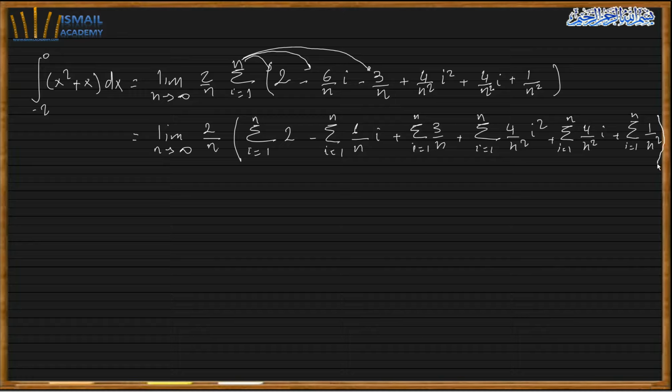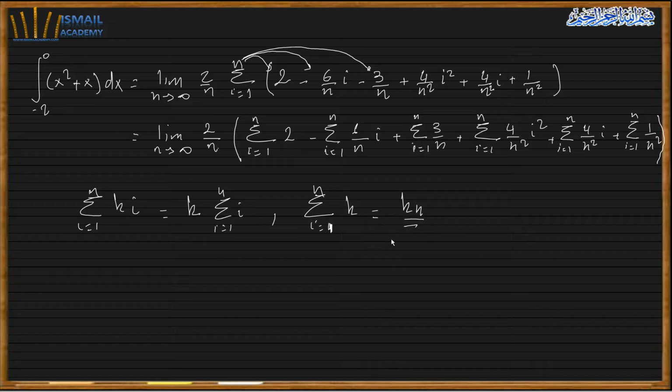Alright, so now I need some properties. If I have the sum of k a_i going from 1 to n, it is the same thing as k times the sum of a_i going from 1 to n, so I can pull out the k as a common factor. The second property, if I have the sum of a constant k, i going from 1 to n, is just k times n.